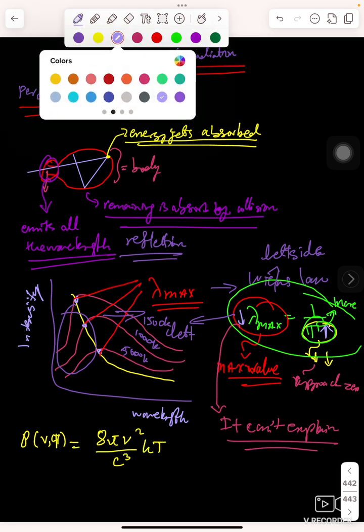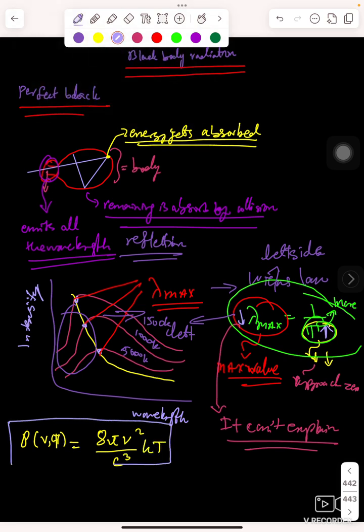This is our second equation, which explains the right hand side, only applicable for the right side with more lambda.